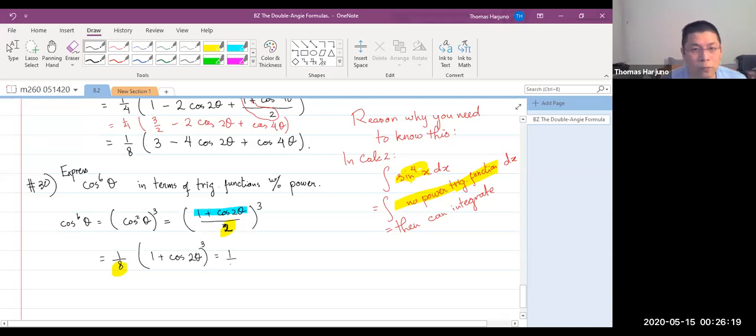That's 1 over 8, parentheses, 1 plus 3 cosine 2 theta plus 3 cosine square 2 theta plus cosine cube 2 theta.